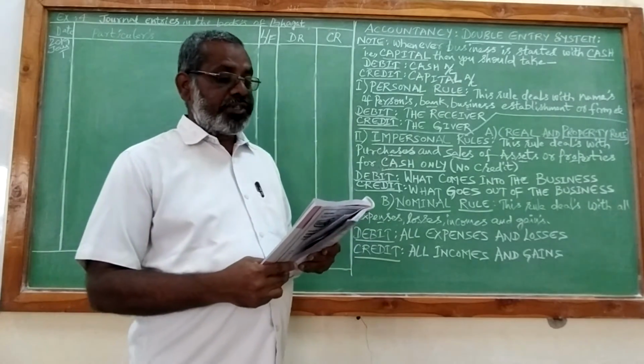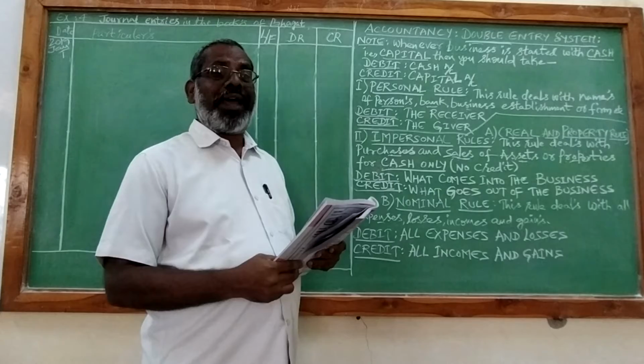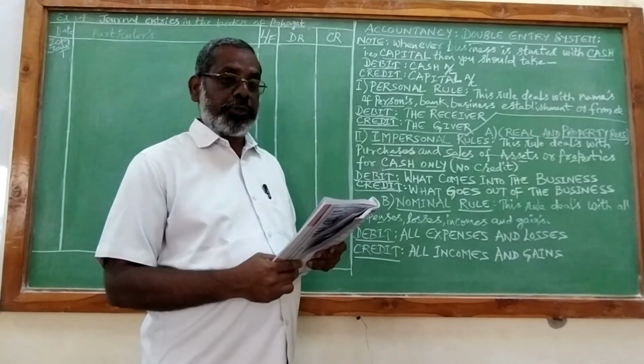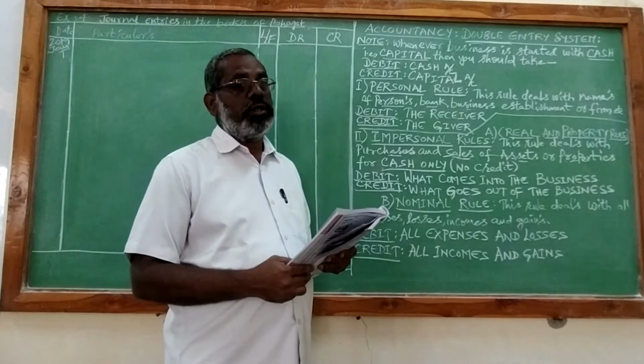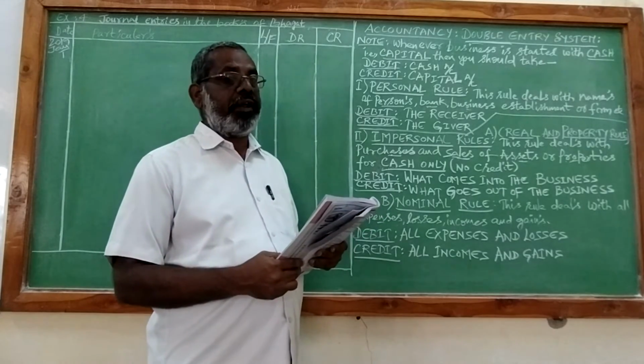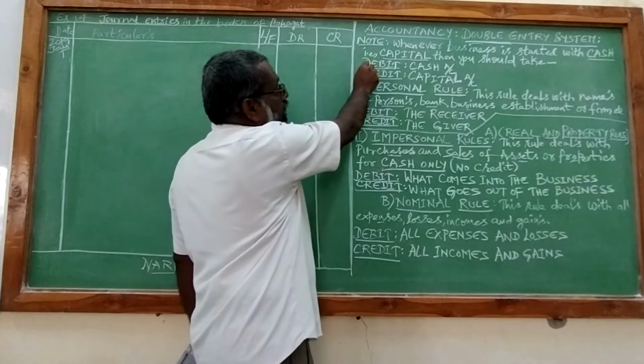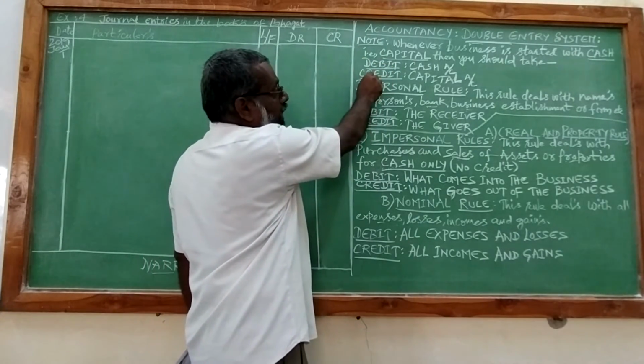So here Mr. Bhagat is not only bringing cash into the business, he is also getting some furniture, which costs 10,000. This is an opening entry, which we will record with the help of this formula: debit cash and credit capital account.